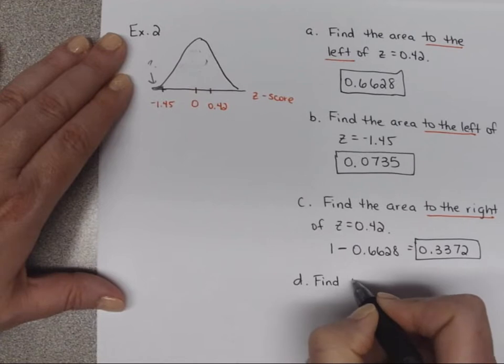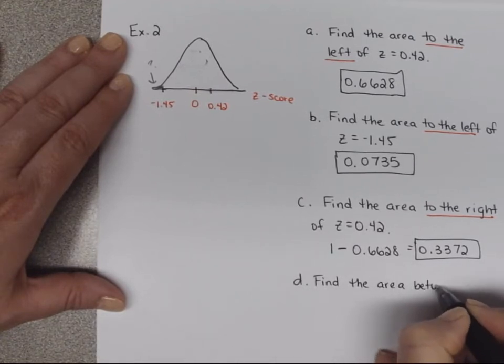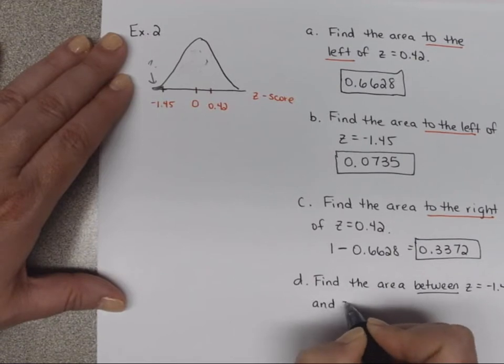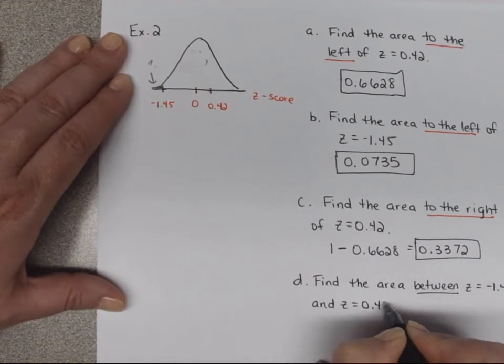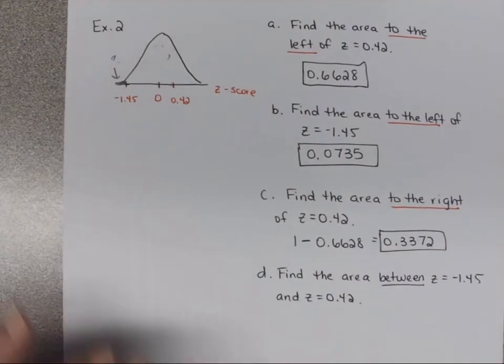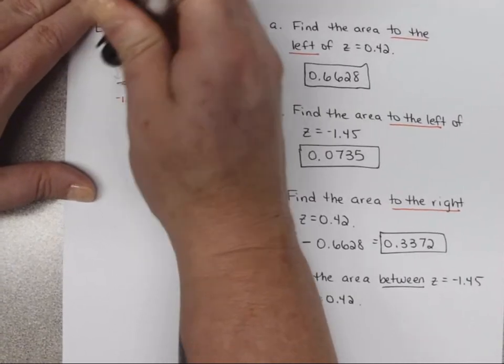So what about this one? What if I ask you to find the area between the two? So between z equals negative 1.45 and z equals 0.42. Okay, so if we want to refer to the picture, notice I'm getting rid of this value, right?